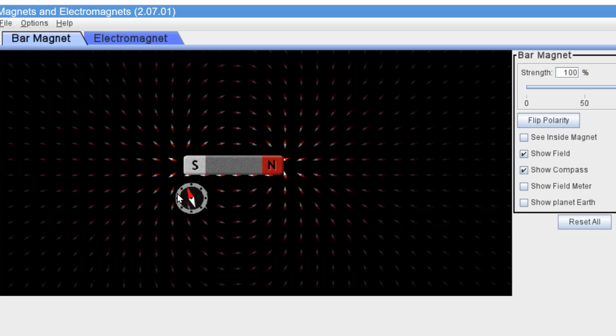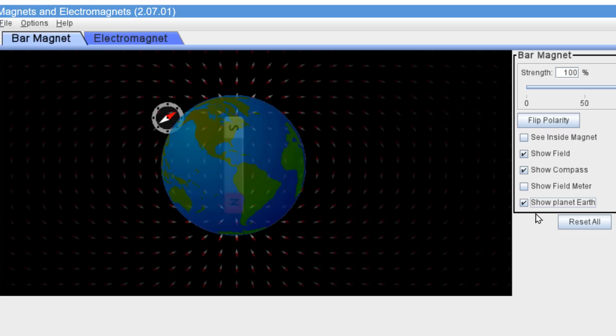So what does that mean for the Earth? Right. So if I were to have a compass right here near the surface of Earth, the little red compass magnet points to the north, and that's the way we've defined north. The little red part of the compass that points north, we call that the north pole of the magnet. But it's attracted to south poles.